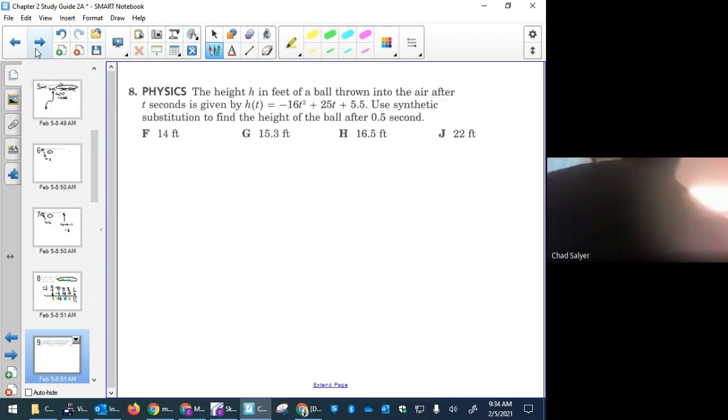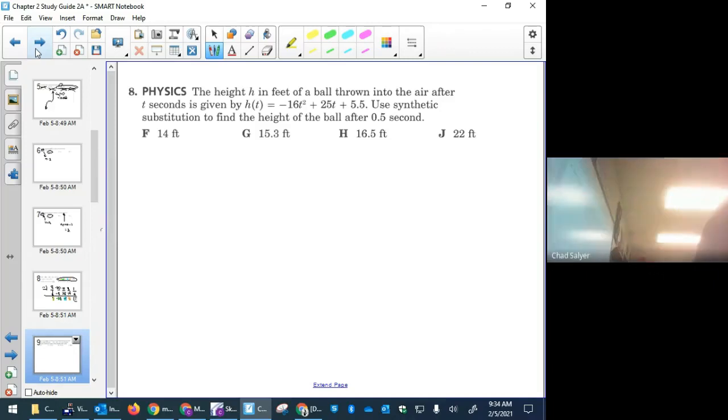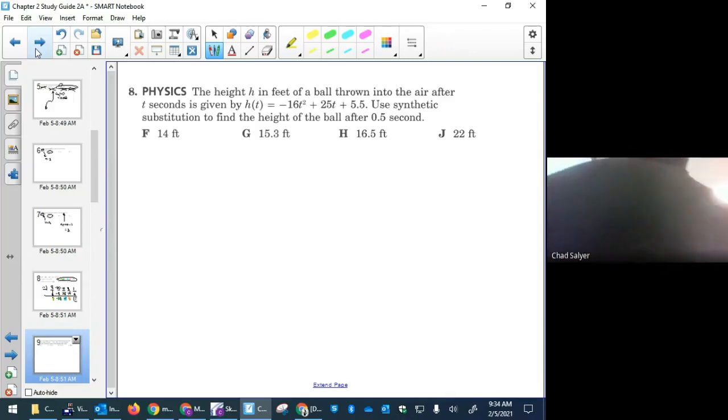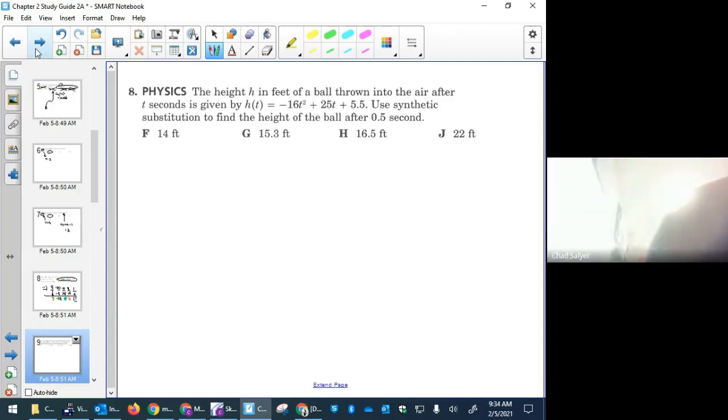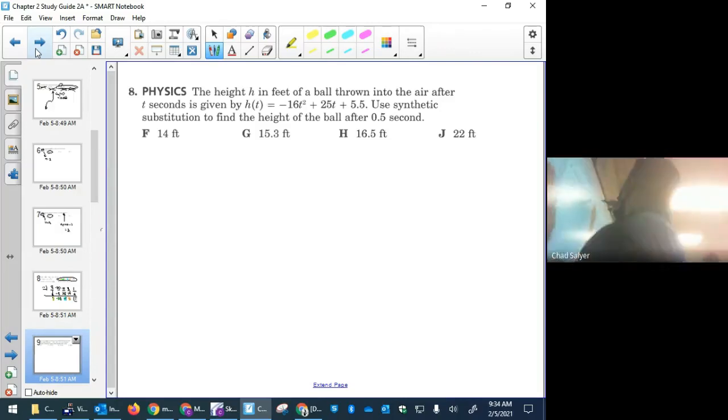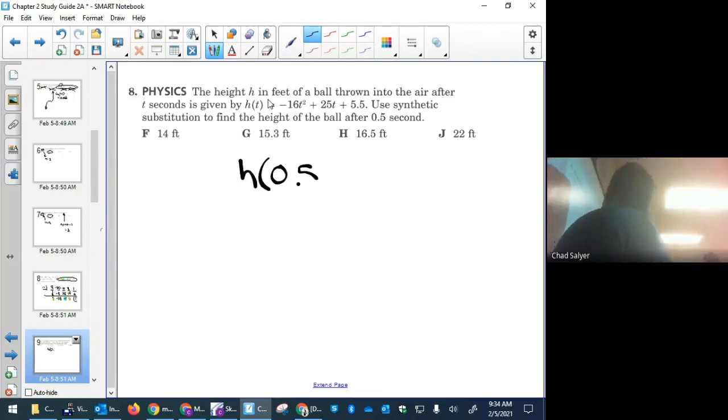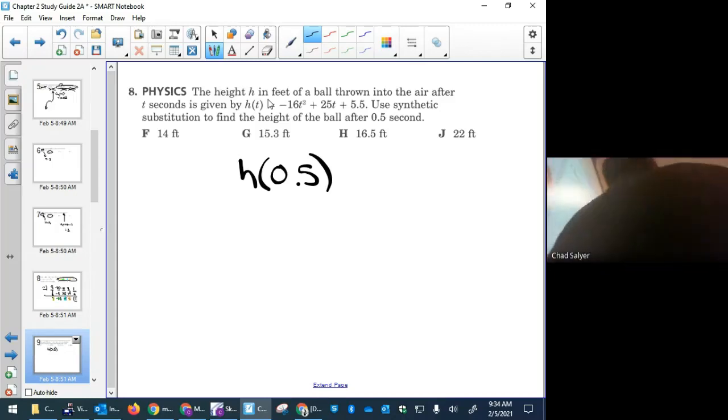Physics, number 8. The height h in feet of a ball thrown into the air after t seconds is given by this formula. Use synthetic substitution to find the height after 0.5 seconds. So we want to know h of 0.5. Now we could plug this in the calculator or whatever, but that's not the task. The task is to use synthetic substitution.